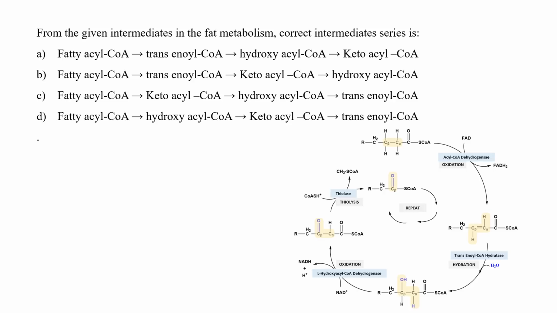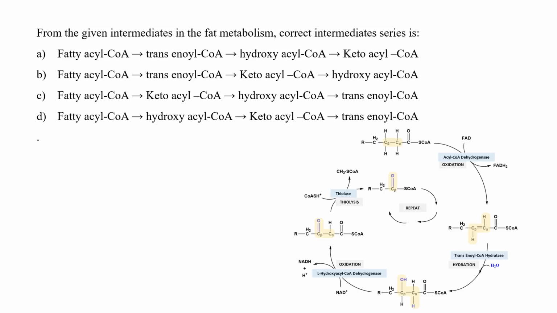Now, a thiolysis step cleaves this molecule at the beta position and leads to the release of an acetyl CoA. A fatty acid is formed which is two carbons shorter than the beginning. This molecule is again ready for the next round of beta oxidation, and it keeps happening in a spiral manner till the last acetyl CoA is left.